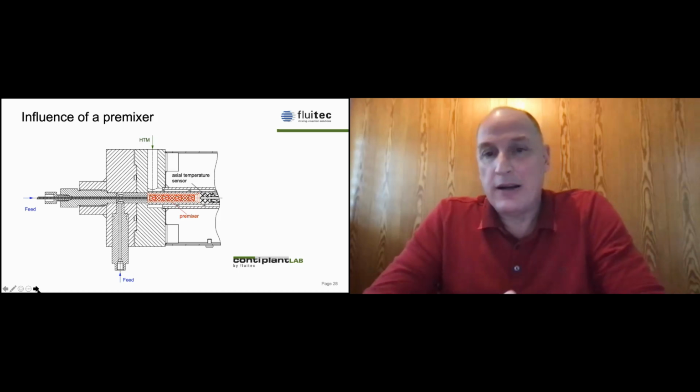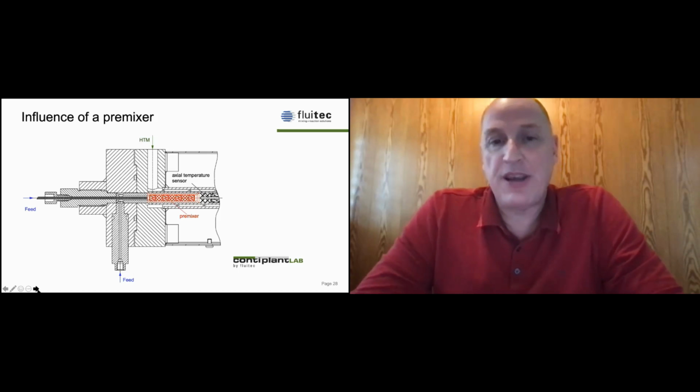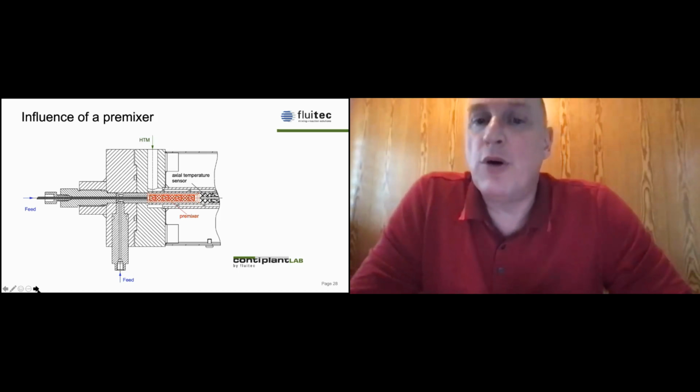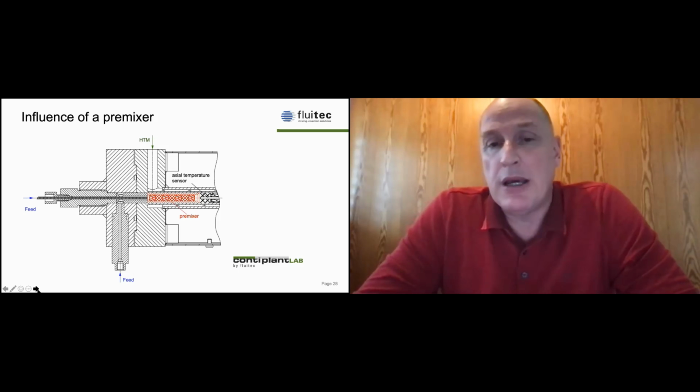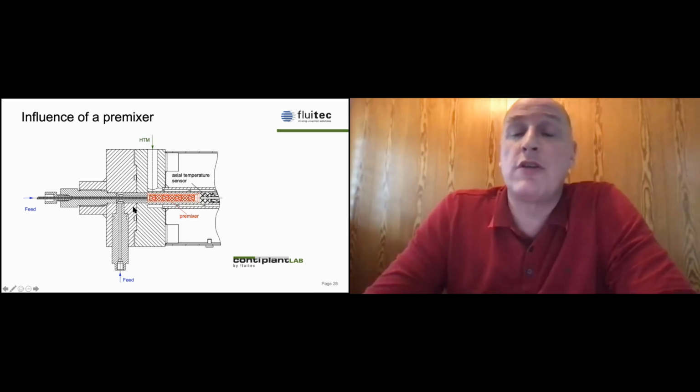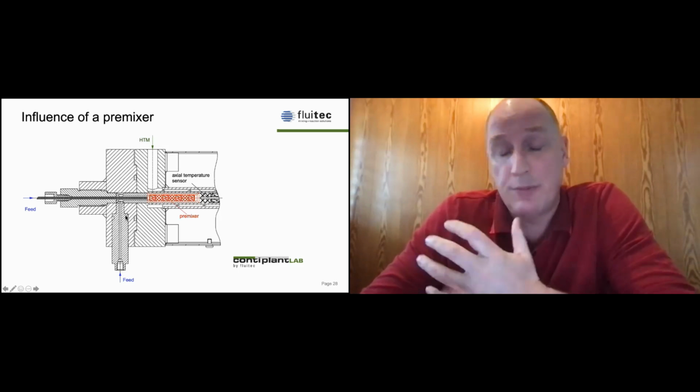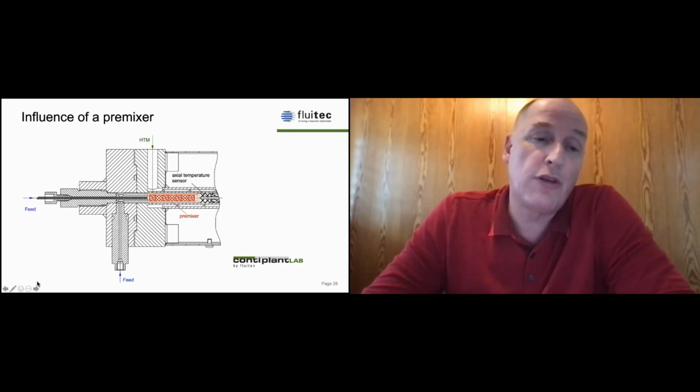So it's clear we want to reduce these effects, and sometimes the mixing time on the reaction calorimeter is too long, and there can be an impact on a reaction when you have a too slow flow, or the mixing time is too low. So that's why we can also implement a premixer to make a premixing effect. And let's have a look, what does it mean on the temperature profile.